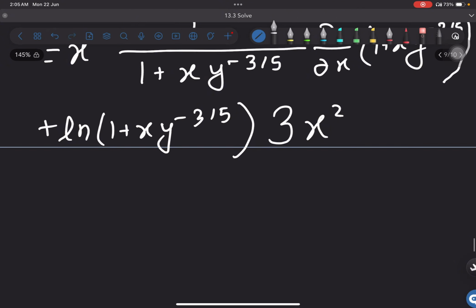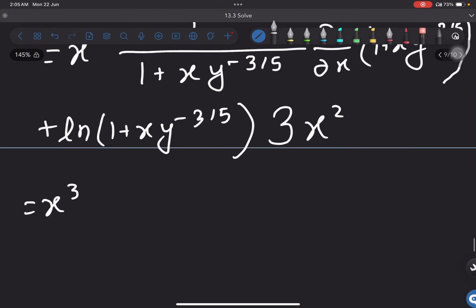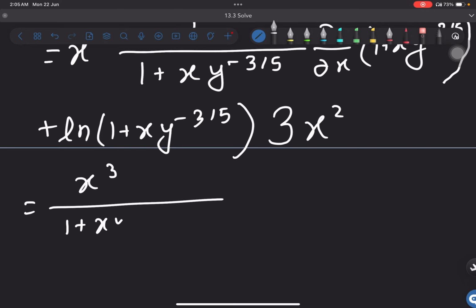Now, when we solve this part, it becomes x cube. Let me actually put this below. So this becomes x cube divided by 1 plus xy to the power minus 3 by 5.